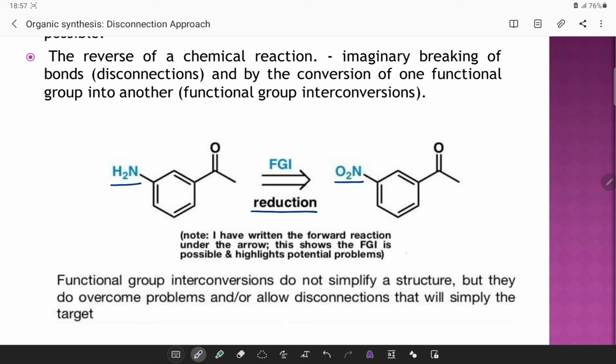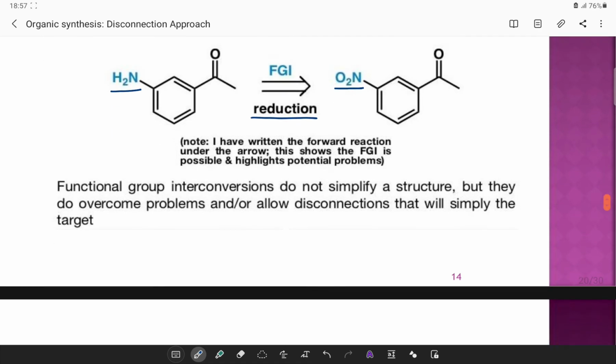This shows the functional group interconversion is possible and highlights potential problems. For one group to the other group, we can write the system and then get back my desired functional group easily. Functional group interconversions do not simplify a structure, but they do overcome problems and or allow disconnections that will give me the target molecule.